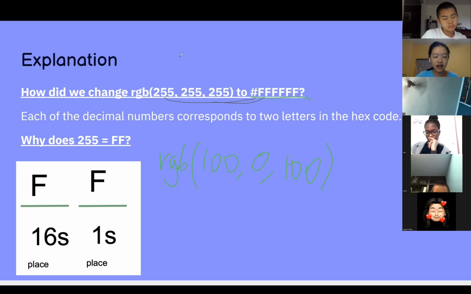In order to do that, we look at each of these parts separately. Let's convert the red part to hexadecimal first. This is 100 in base 10 right now, and we want to convert it to base 16. So we set up our place values: 16 to the 0 and 16 to the first power.